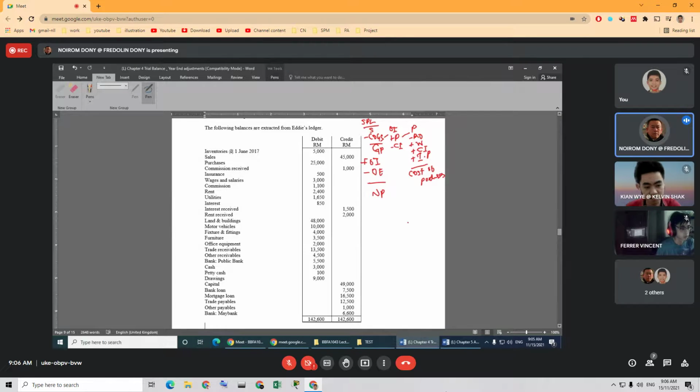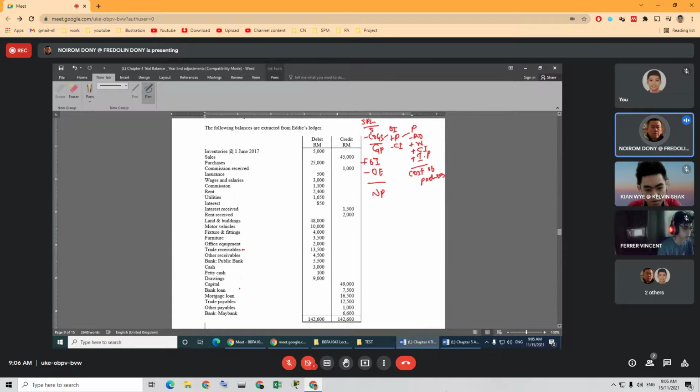In the trial balance, normally you'll be given a list of all these accounts, from the general ledger. What we have here, trade receivable, is the trade receivable control account.